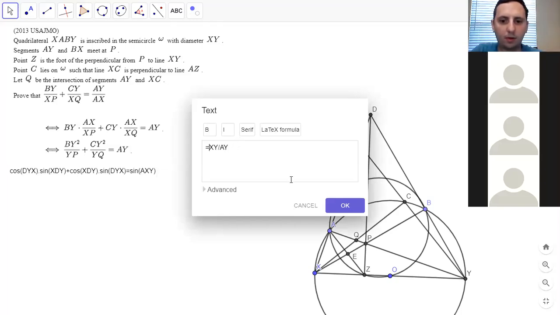Okay, so you're saying, yeah, because AXY is 180 minus the other two angles. So on this side, cosine DYX, that's by over xy.